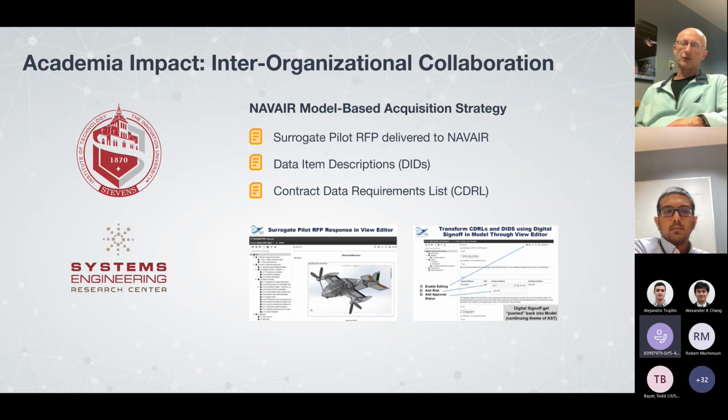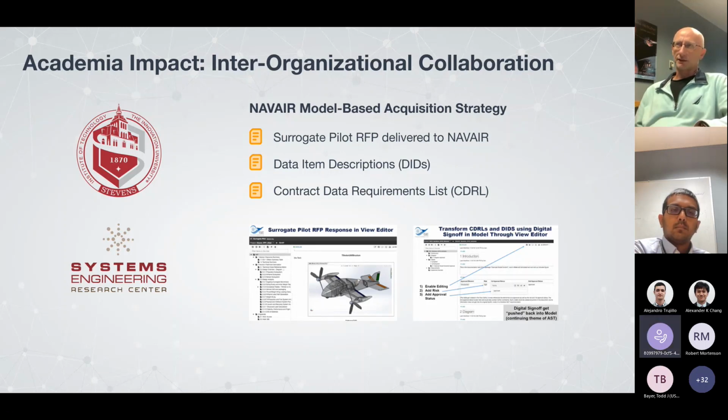So all the previous examples were within an organization. Now Stevens had some collaboration with NAVAIR to see if it actually works also across organizations, right, for model-based acquisition. So they used OpenMBEE, and Mark Blackburn, who has been the most prominent representative, has a lot of really good presentations on that in great detail, on how they used OpenMBEE in various contexts for model-based acquisition.